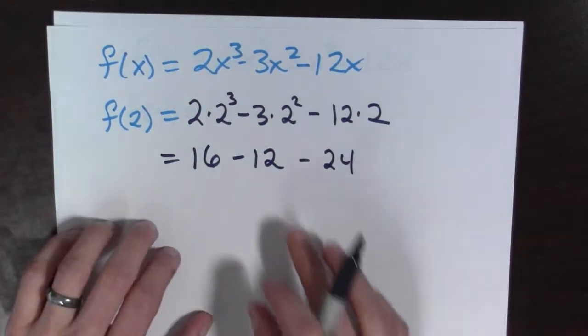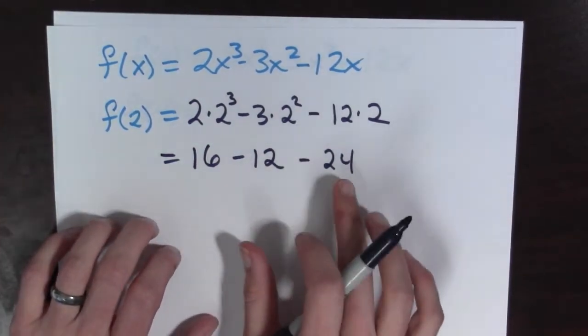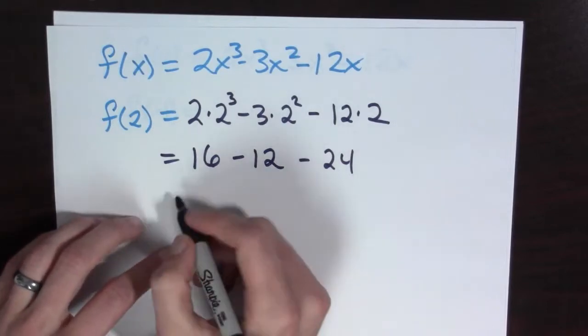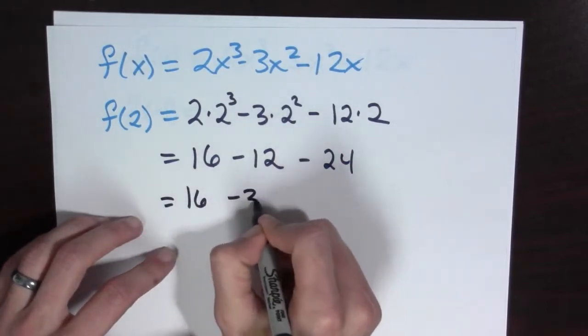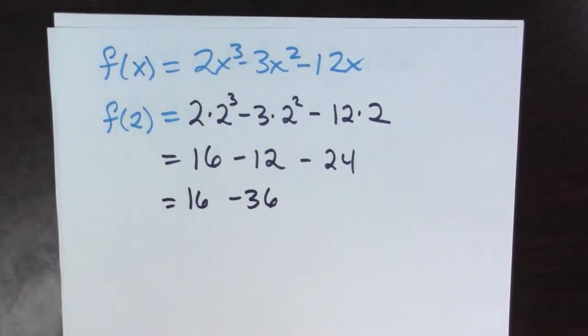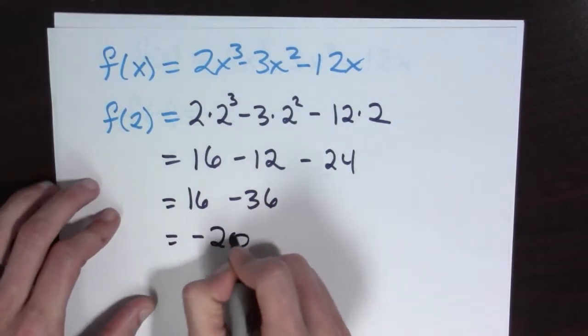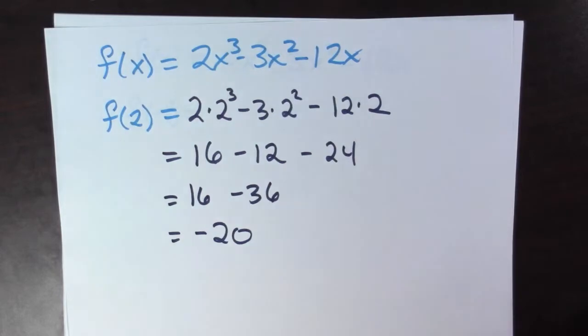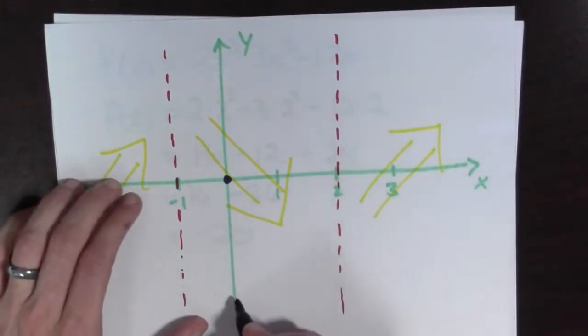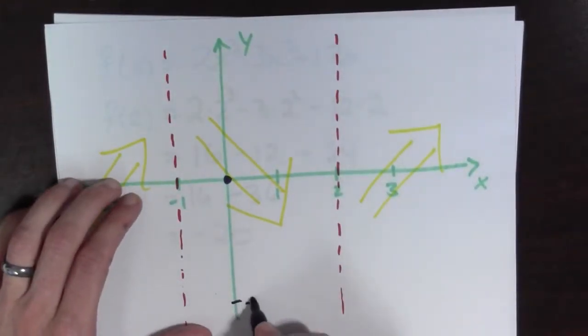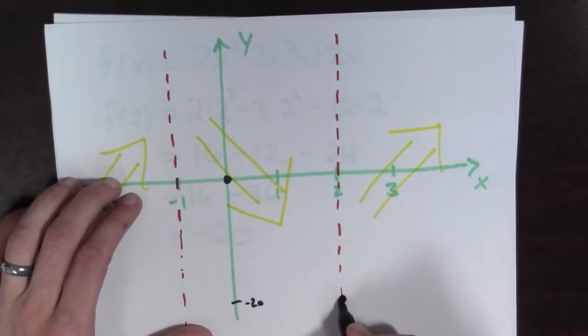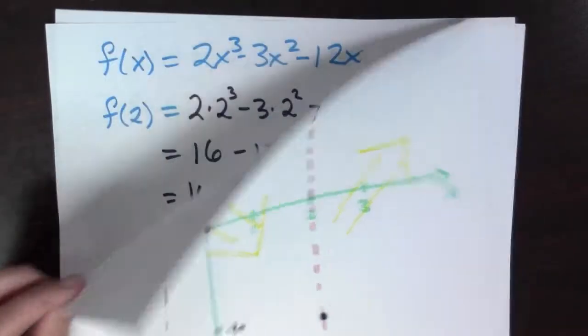Negative 12 minus 24, this is equal to 16 minus 36, which is equal to negative 20. So we should put maybe way down here, negative 20. There's a point on our function.